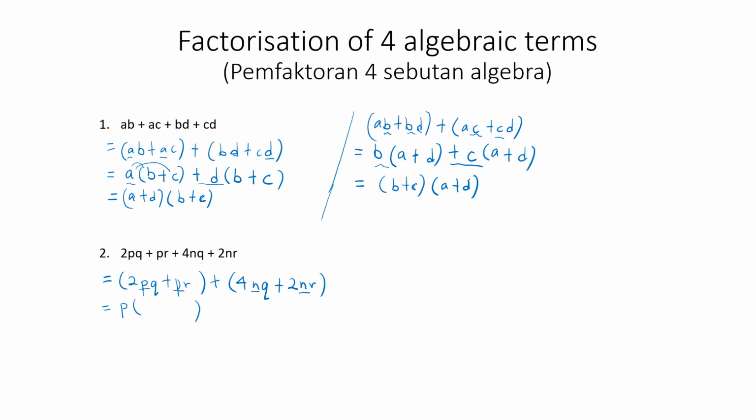And the inside will be 2Q, so that when you do an expansion, it will be 2PQ. And P times R, you'll get PR plus N, common term, and the inside of the bracket will be 2Q plus R, so that when you expand it, you can get 4NQ. When you expand this, you will get 2NR.